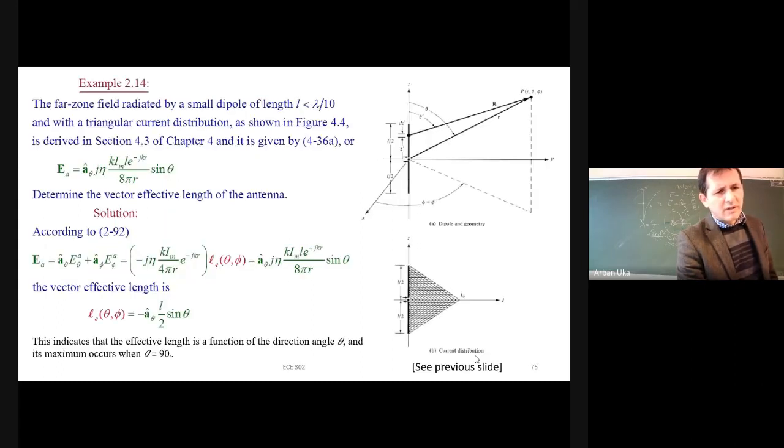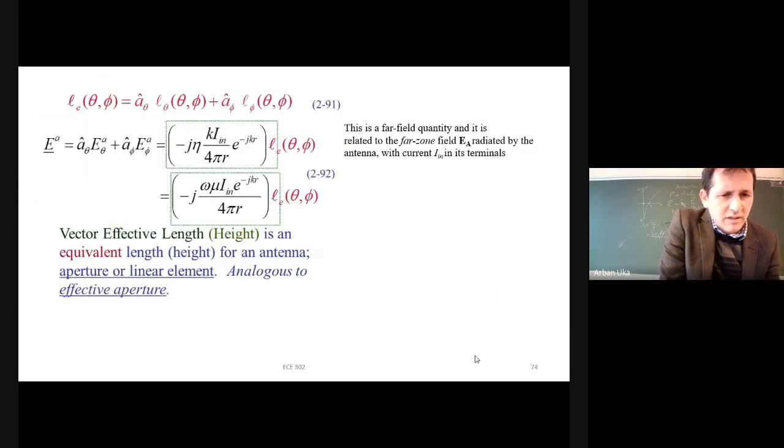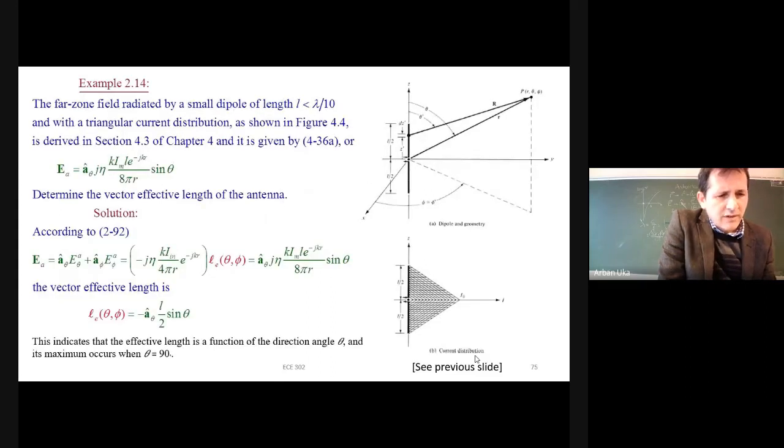On this side, we have the current, the length scale, and the exponential term of the antenna. So this new expression has more components, which means that if we divide this E given here by the E given in 2.92, we will find the effective length scale, which in this case is going to be L/2 times sine theta.